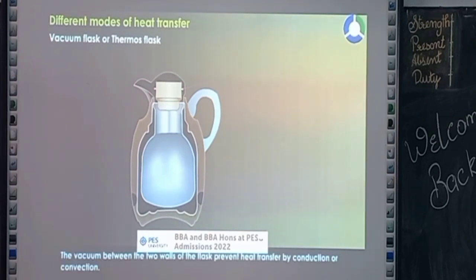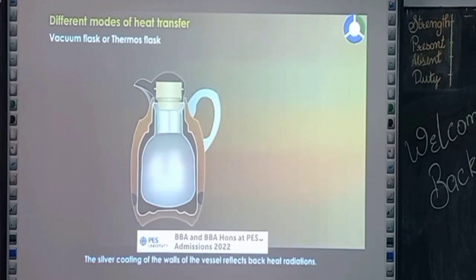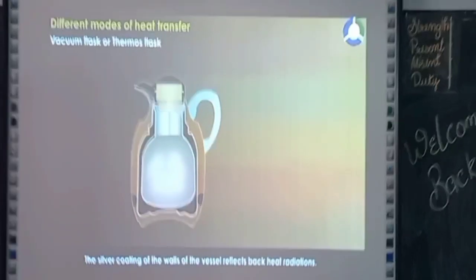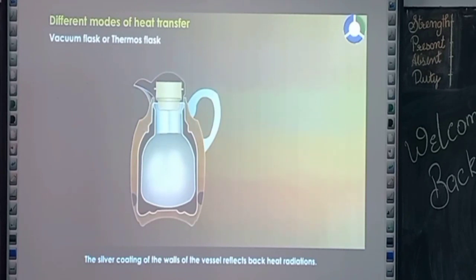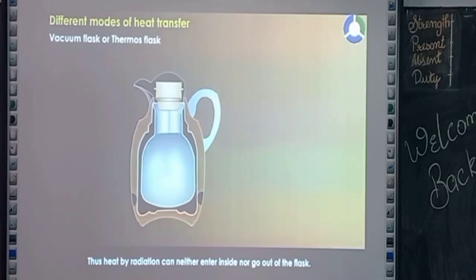The vacuum between the two walls of the flask prevents heat transfer by conduction or convection. The silver coating of the walls of the vessel reflects back heat radiations. Thus, heat by radiation can neither enter inside nor go out of the flask.